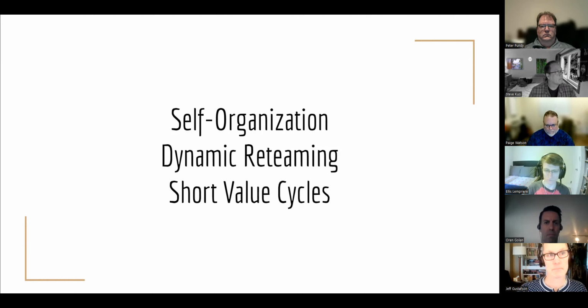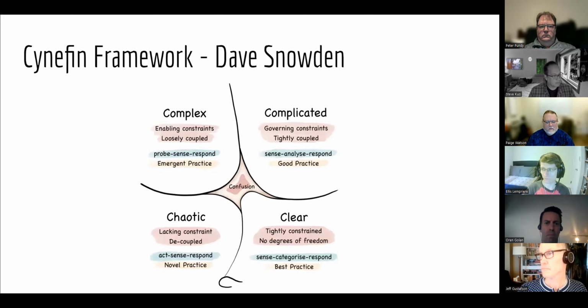All of that's fine. So before I really get into this, let's talk about the Cynefin framework. This is Dave Snowden came up with this framework. It's 4 domains that describe cause and effect relationships.